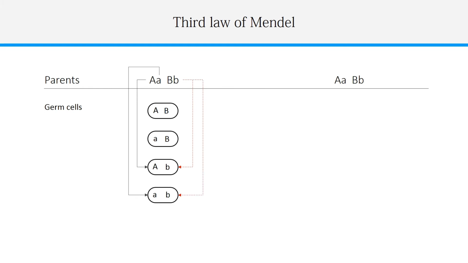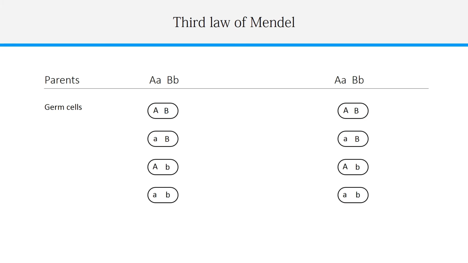Due to this, one parent is able to produce 4 different types of germ cells, and the second parent also is able to produce the same 4 different types of germ cells.